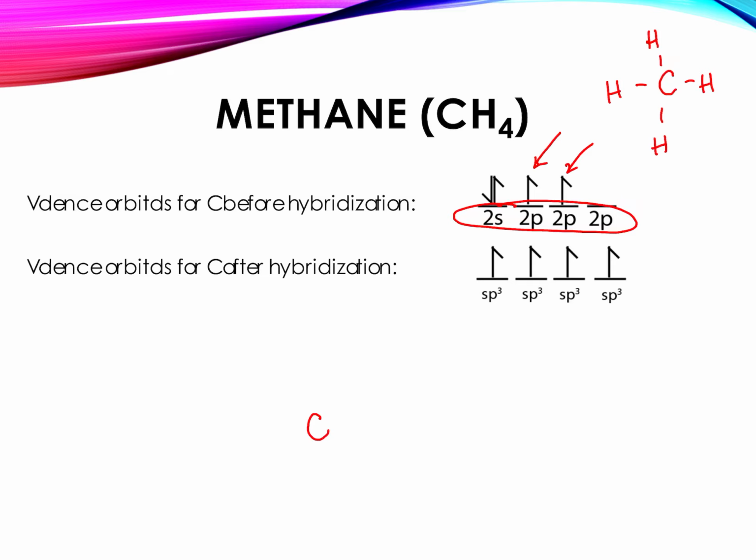If you recall, s is a circle, and p is a dumbbell, and the way that we show sp3 is we have this big lobe and then a little lobe. I'm going to draw it showing just the big lobe, because a bunch of little lobes overlapping would be confusing. So assume that the little lobe is essentially where carbon is, and I'm just going to show the larger ones.